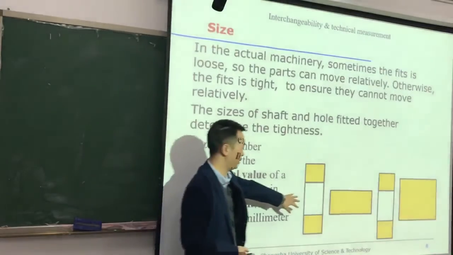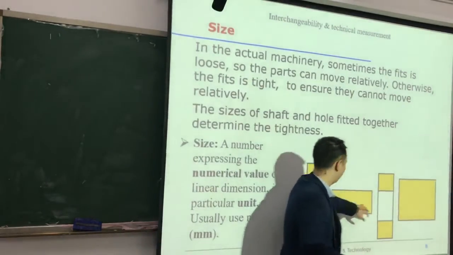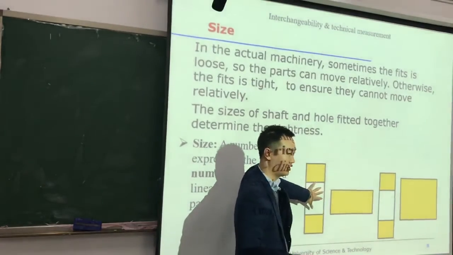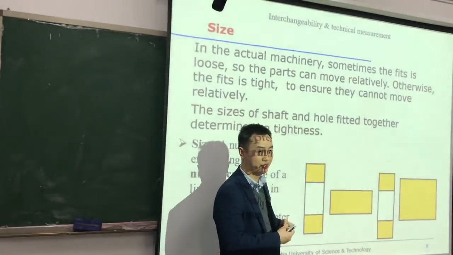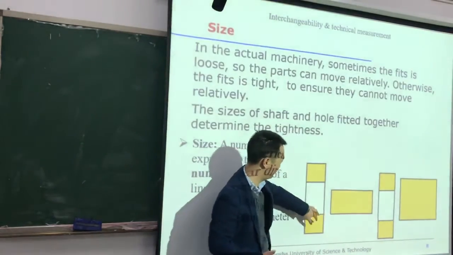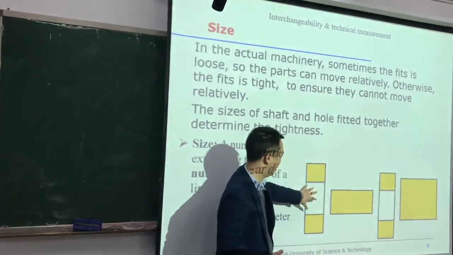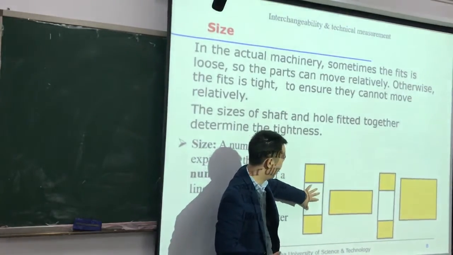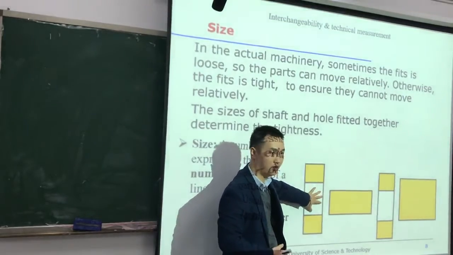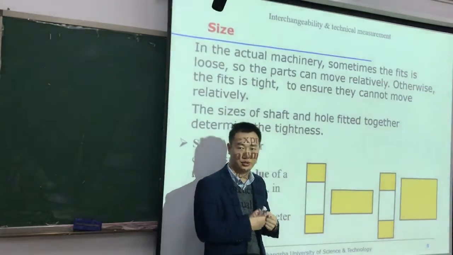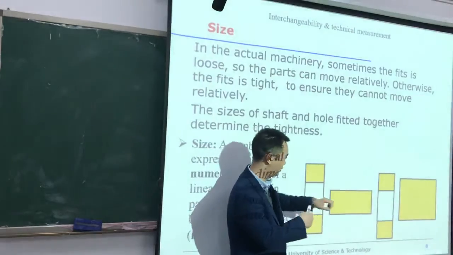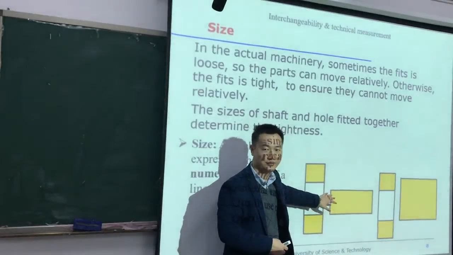These two pictures show that the size determines whether the fit is tight or loose. For this one, the size of the shaft is smaller than the dimension of the hole, so the fit is loose. They can rotate relative to each other.